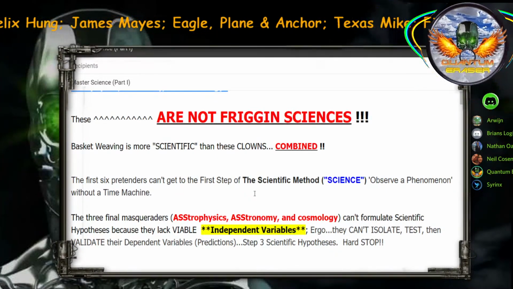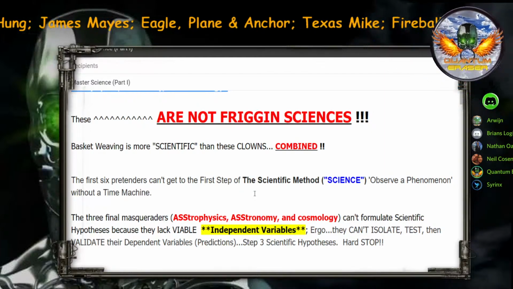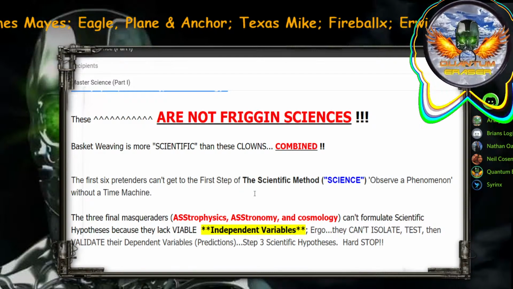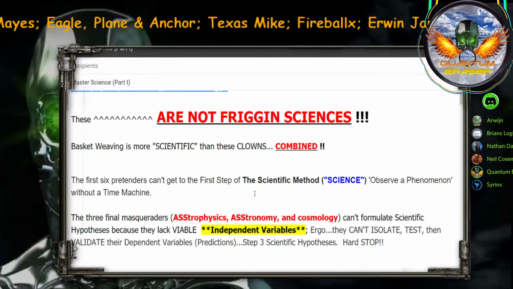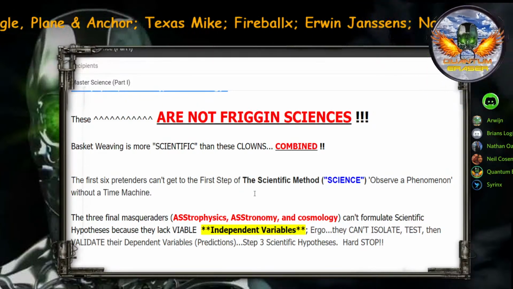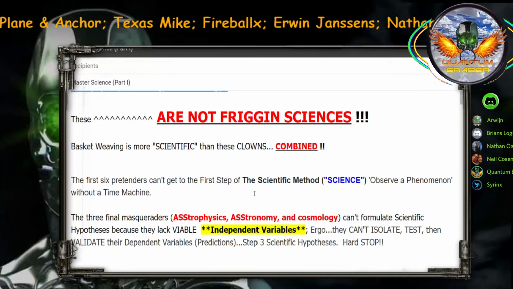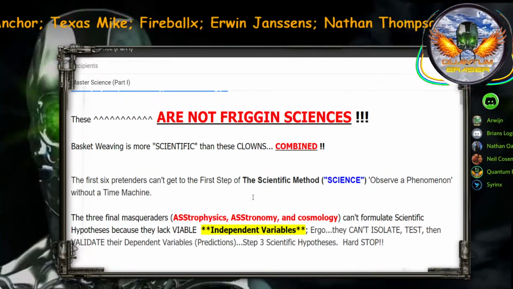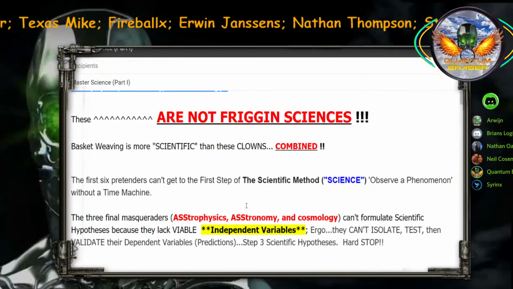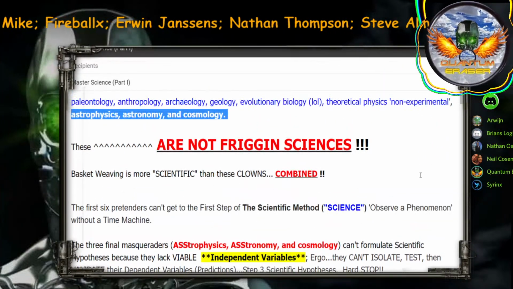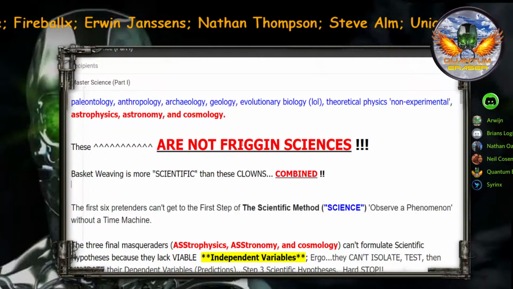However, they can't formulate scientific hypotheses because they lack viable independent variables. So they can't isolate or test and validate the dependent variables, the predictions. And that's step 3, scientific hypothesis, hard stop. You can't have natural science without validated hypotheses. Period. End of story. I don't need to go any further. It's over, and everyone seems to be getting this.